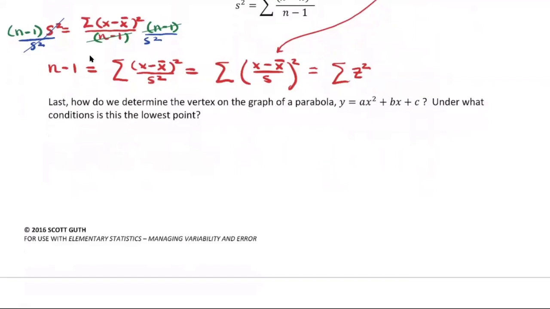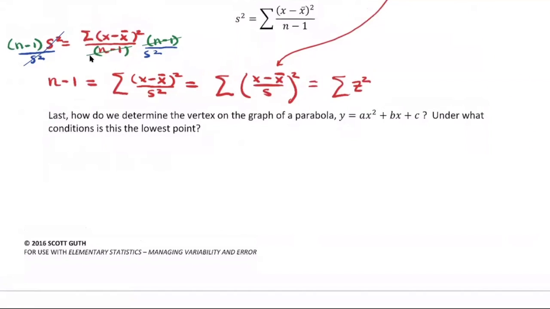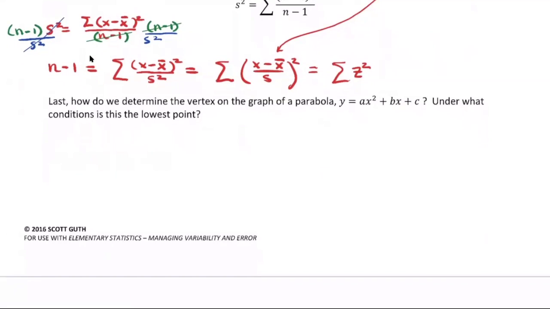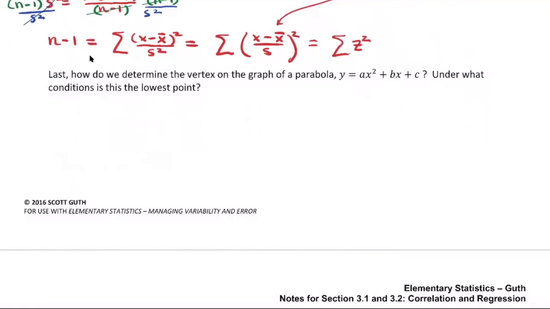Okay, so then it says last, how do we determine the vertex on the graph of a parabola? Okay, so this is, I said, under what conditions is this the lowest point? So this sort of assumes that at some point in your life you took an algebra class that covered parabolas. And I think it's safe to say that that would be true for most of you. So this is a parabola. Okay, and I'll just go ahead and put a coordinate system on this.